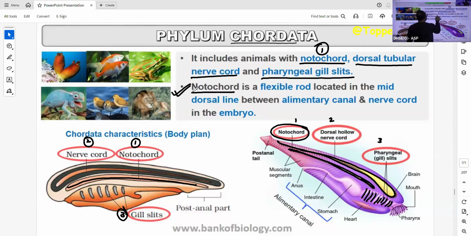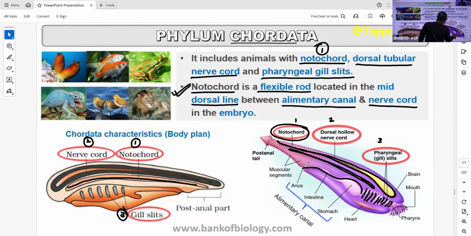Now, notochord is a flexible rod located in the mid-dorsal line between alimentary canal and nerve cord. As you can see, this is the alimentary canal or the gastrointestinal tract. Okay? Mouth region, anus region. This is the dorsal tubular hollow nerve cord.